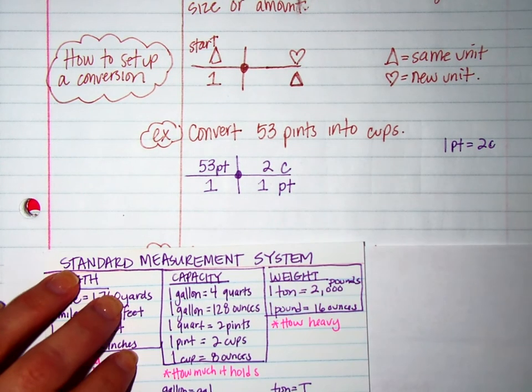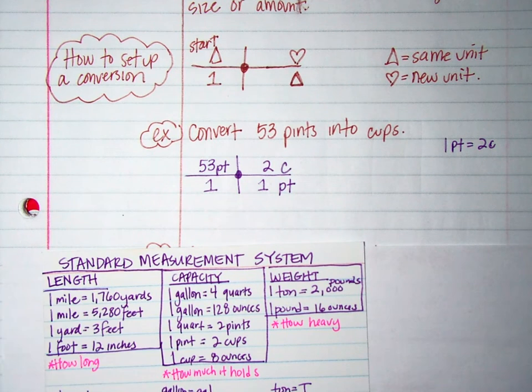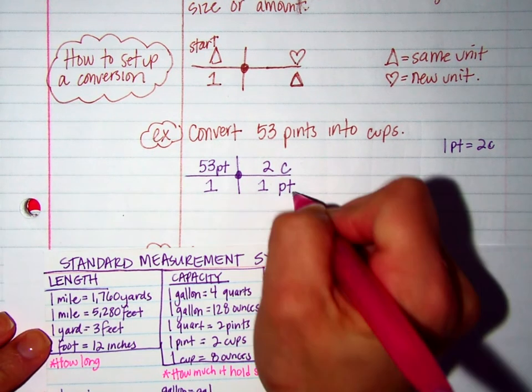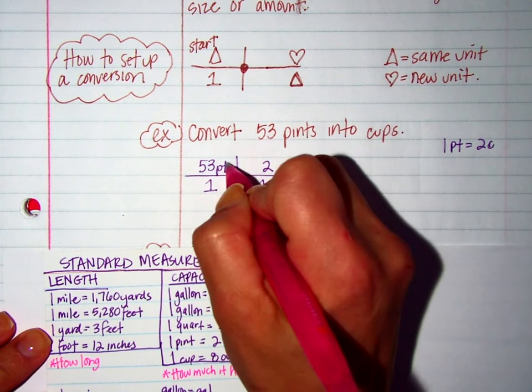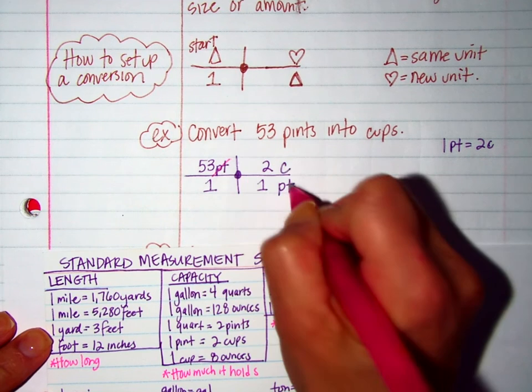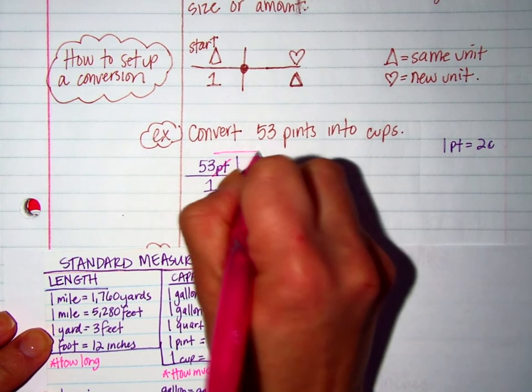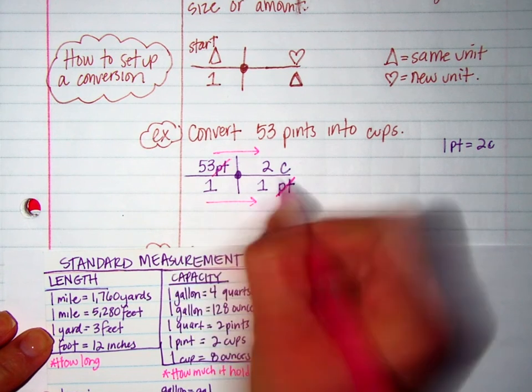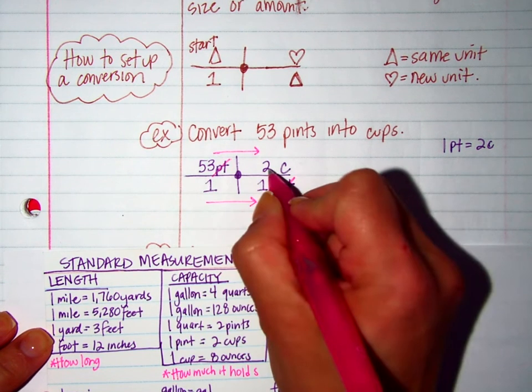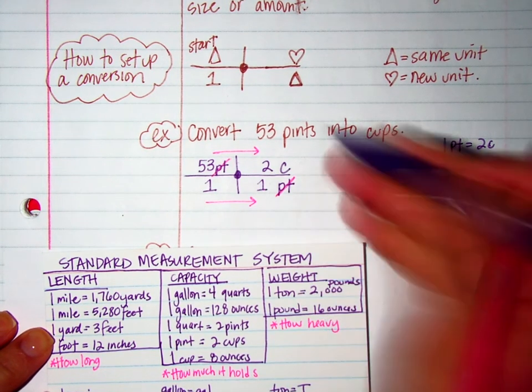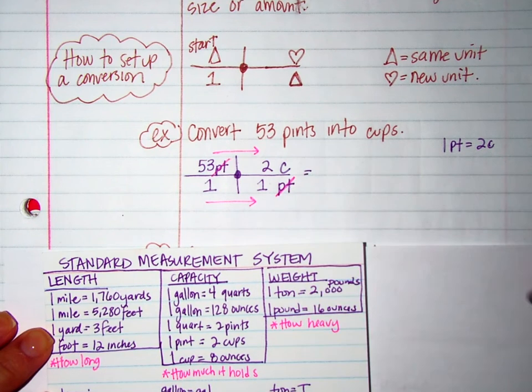Now from here, all you have to do is make sure to eliminate the units you don't need anymore. In this case, we don't need pints anymore. They are eliminated. And we are just going to multiply straight through. So 53 times 2, you're going to get, hopefully, 106.